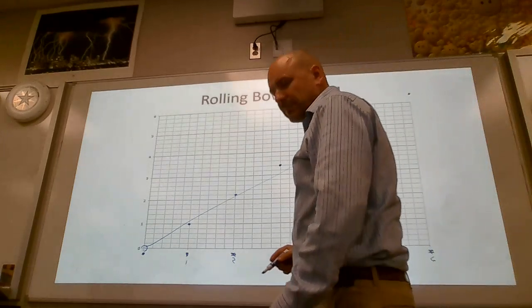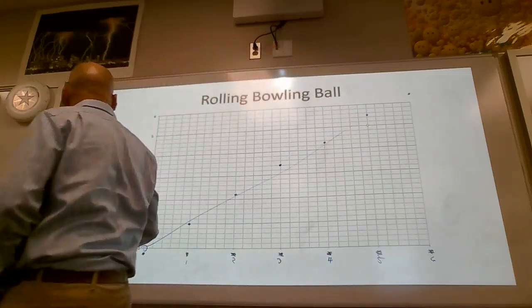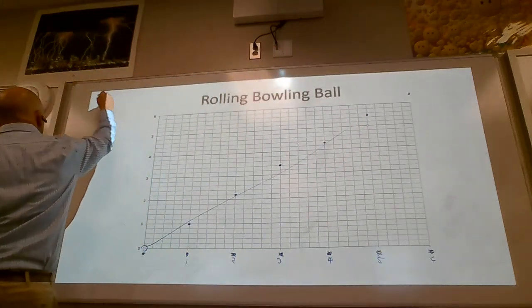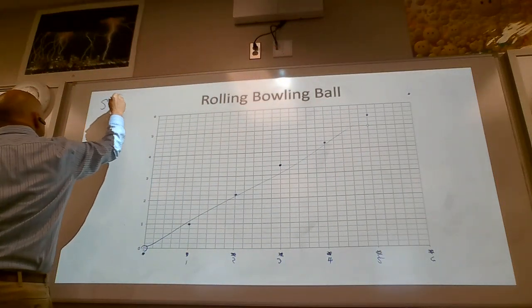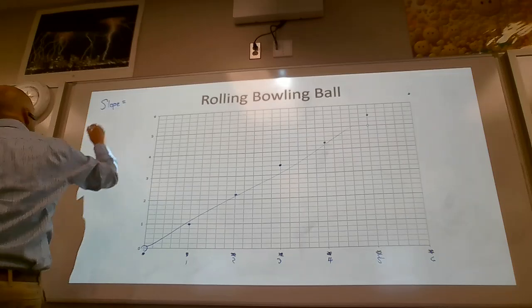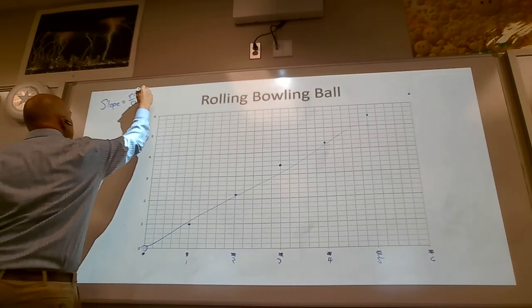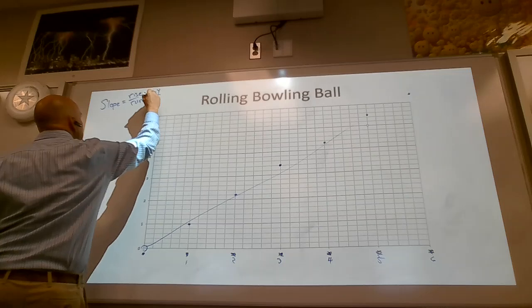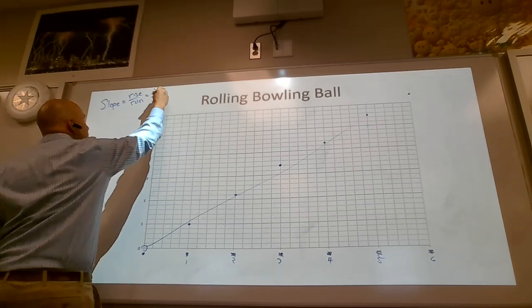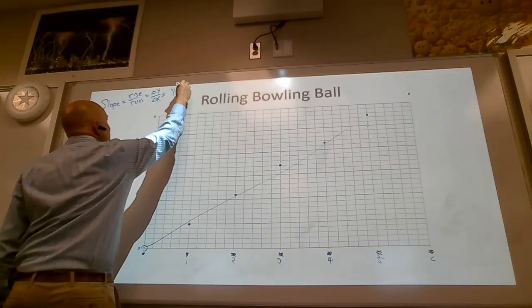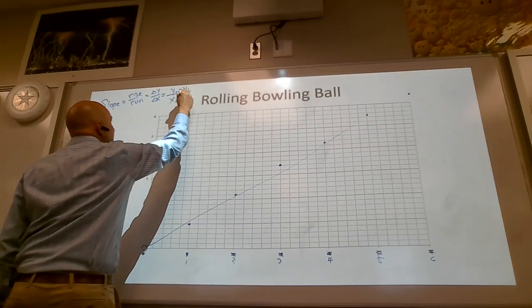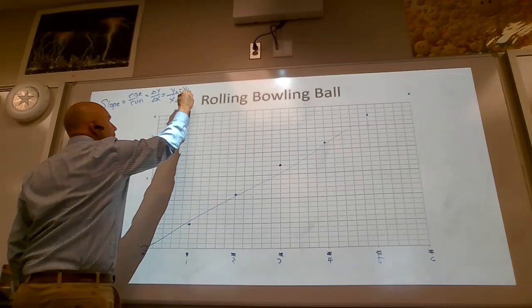So, math people. Slope is equal to what? Rise over run. Change in y over change in x. y2 minus y1 over x2 minus x1. Oops. Correct?